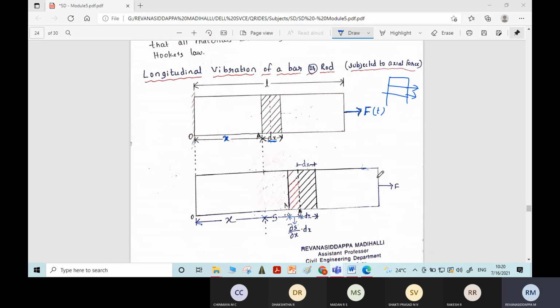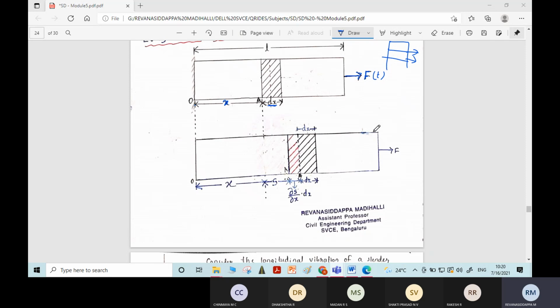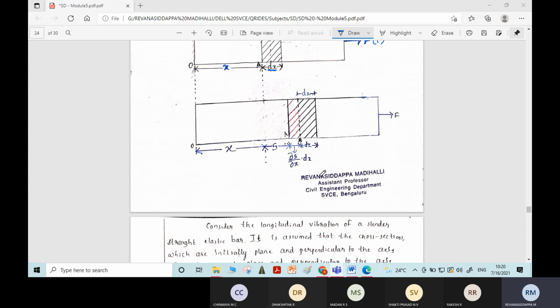Now consider the effect of the force on the bar. When this force is applied onto the bar, this is the deformed shape of the bar.